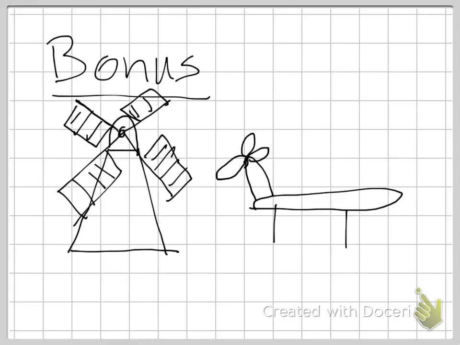Horse has got some big ears, so we gotta give it a nice tail. And we could draw Don Quixote on here. Head, oh, he's got a helmet on, yep. And he's running at it with his lance. And there we go.